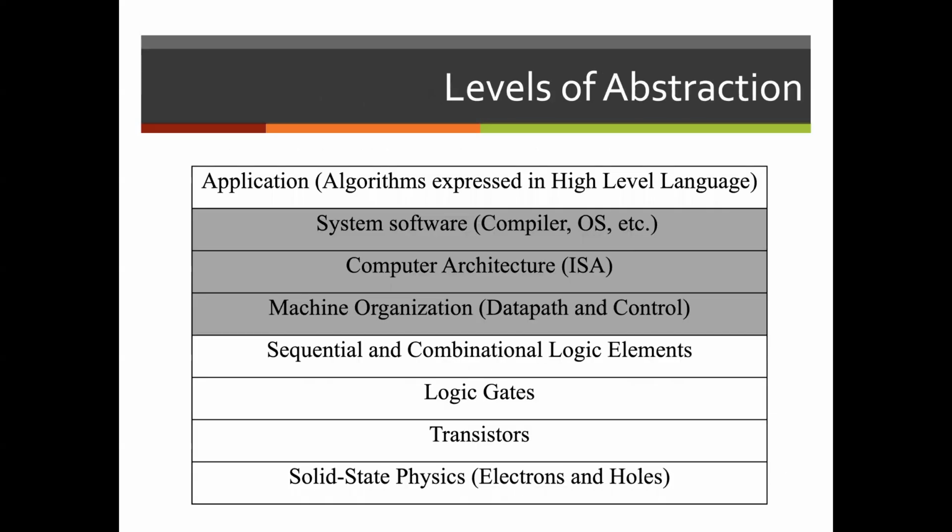And when we talk about the levels of abstraction, we've talked about the application and how it's expressed at a high level. We've talked about system software at a high level, but now we'll go into detail on how the compiler and operating system interact with one another. We've talked specifically about the computer architecture components with regards to the instruction set architecture, as well as data path and control mechanisms that relate to machine organization.